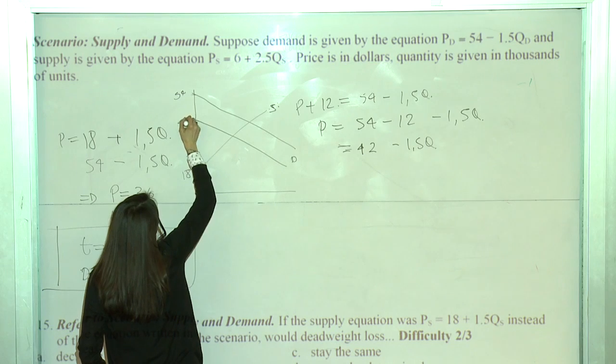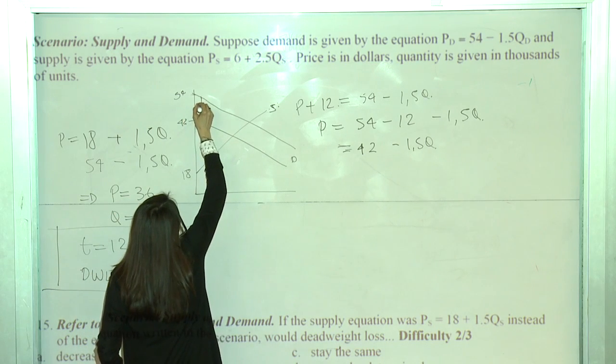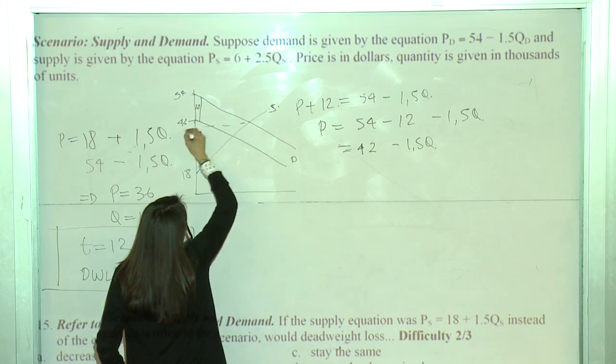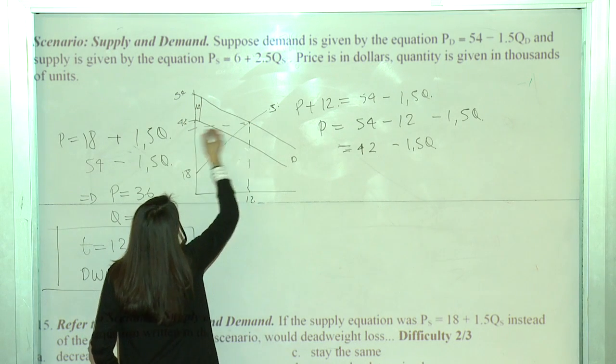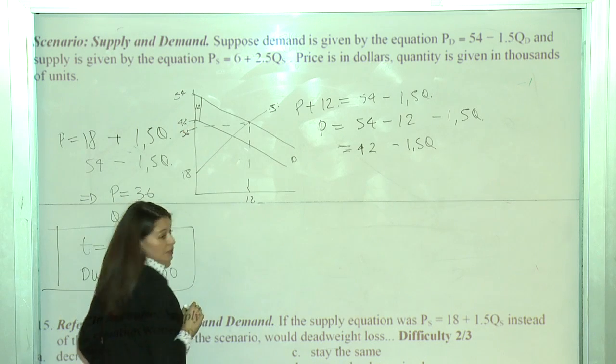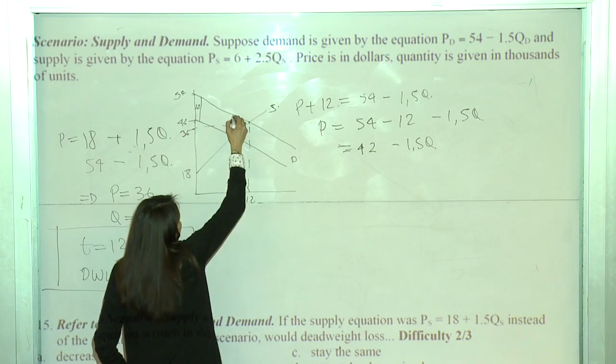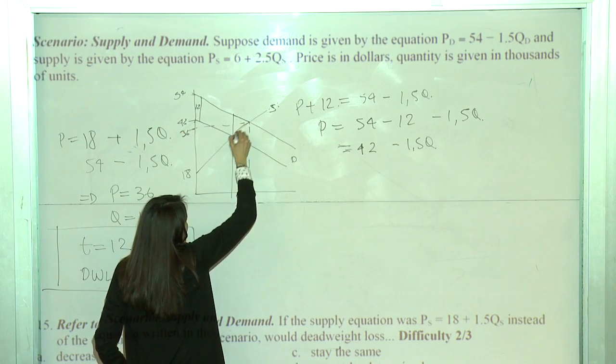Here is 42. This is the amount of the tax. My equilibrium was the same, 12 and 36. Is everyone with me?